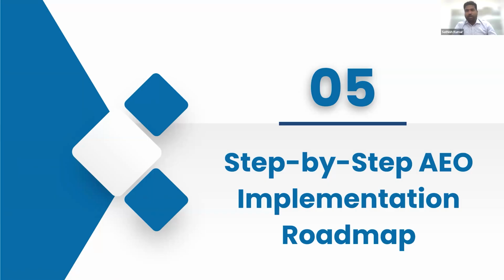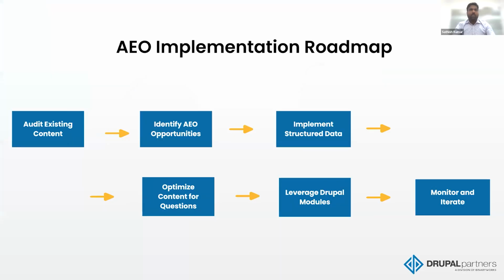Let's talk through the step-by-step process for the AEO implementation. The first step is you need to audit your existing content and make sure to turn it into FAQ sections. And also on top of that, identify the AEO opportunities, which means what kind of questions people would be asking these answer engines.